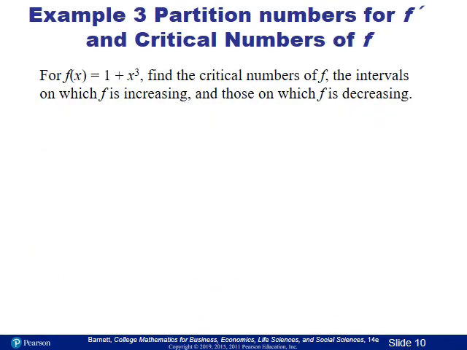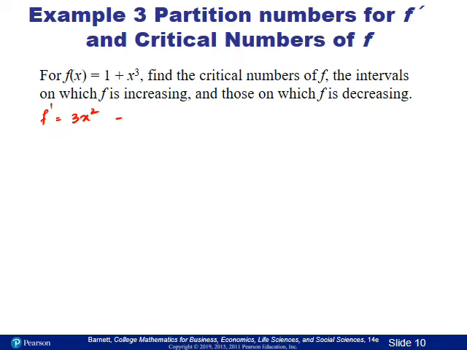For example, here f of x equals 1 plus x cubed. Find the critical numbers of f, the intervals on which f is increasing and those on which f is decreasing. First of all, we take its derivative, which is 3x squared.